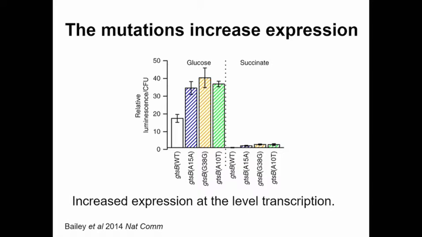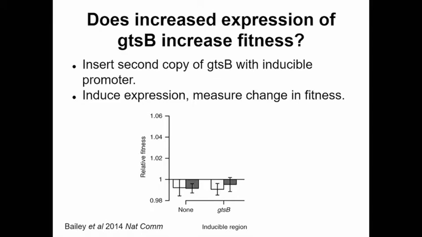So we know that there's fitness differences. We know there's differences in expression, but of course we want to actually directly link that expression increase to the fitness increase, okay? So what we did was we induced increased expression in gtsB just to look for what the fitness effects might be.